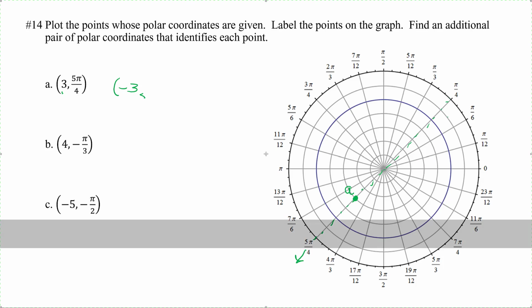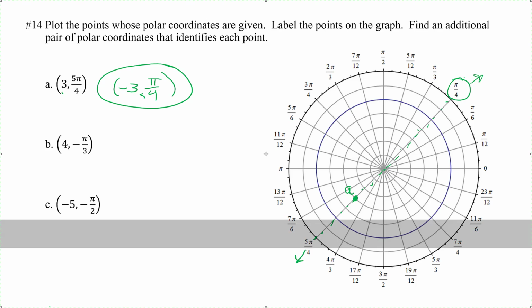Well, this angle that we have here is pi fourths. So let's try it. We have negative 3, pi fourths. Think about it. If I started out coming over to the pi fourths ray, instead of going in the positive direction, if I go 3 units in the negative direction, I would arrive at my point A. So that works. So another way to identify that point is as negative 3, pi fourths.